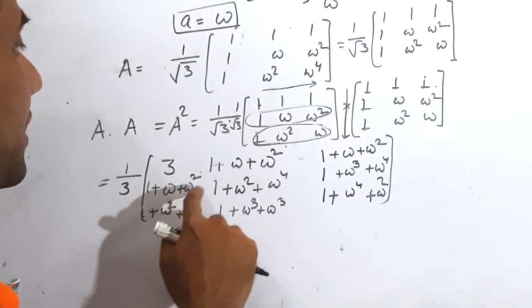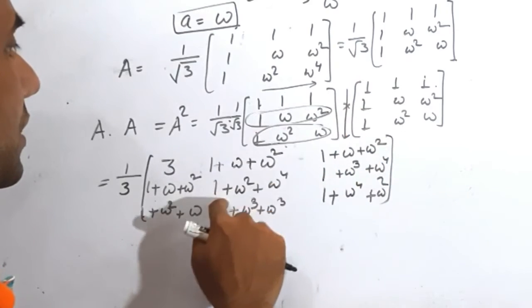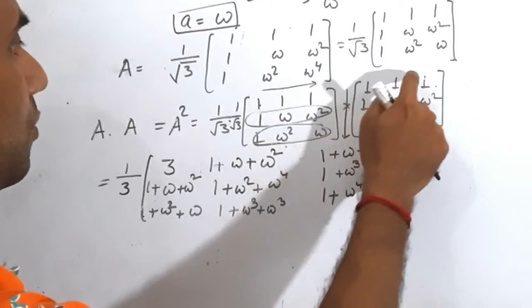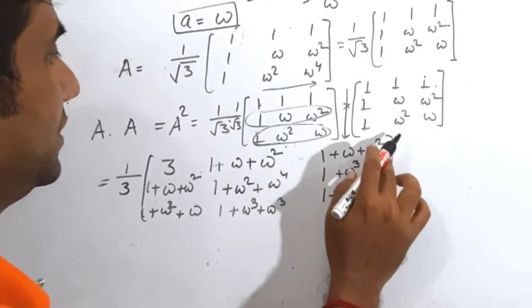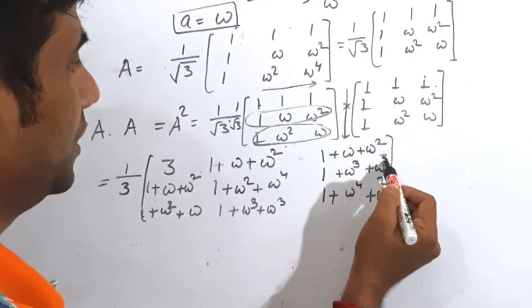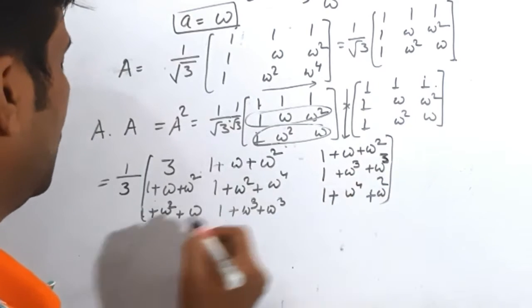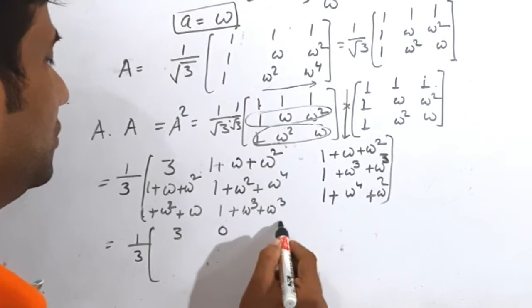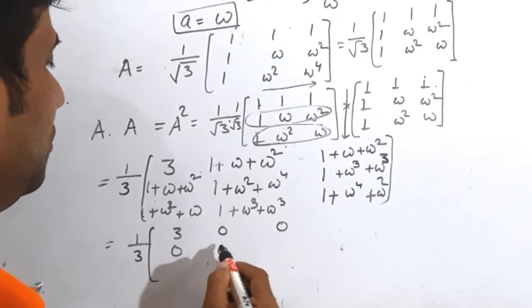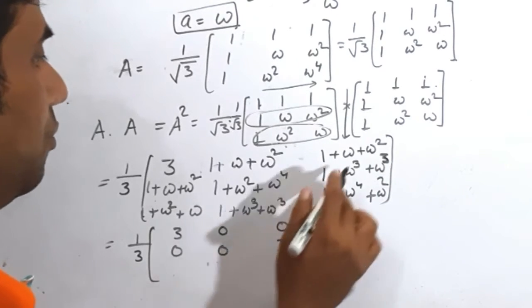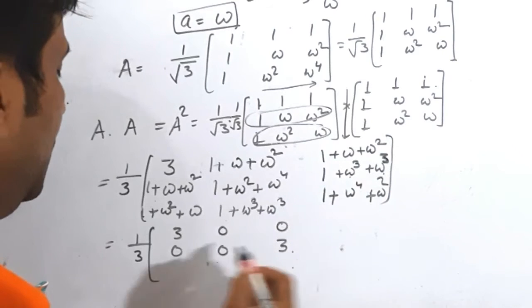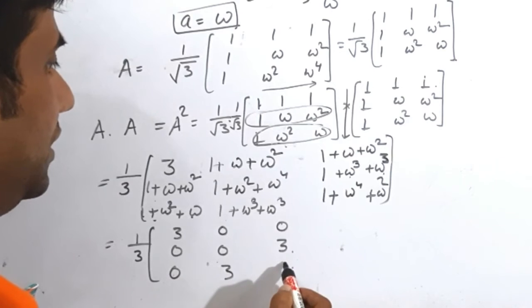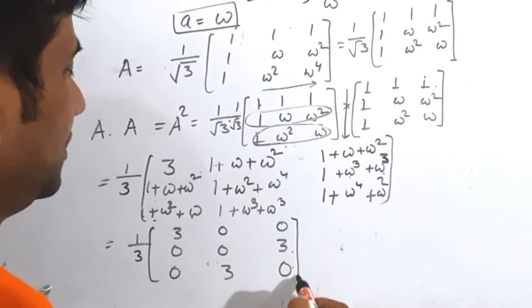In the second row we get 1 plus omega square plus omega to the power 4, 1 plus omega cube plus omega cube, this is omega cube. So what I get from here: 1 by 3 times [3 0 0; 0 0 3], omega cube means 1, and this is 0, 1 plus omega square is 0, 3, this is 0.